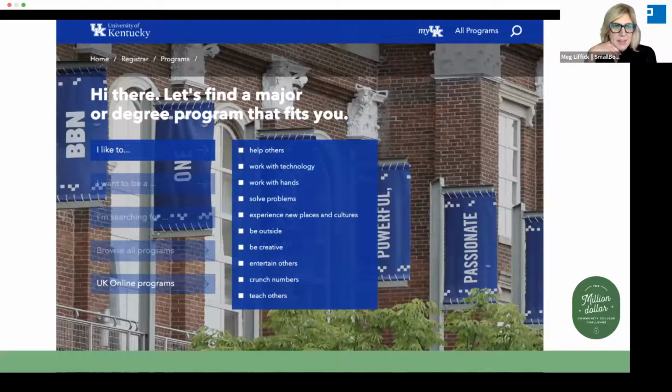What's really interesting about this one is it's not pushing majors and minors and programs on people, but it's letting them identify. That's terminology that a college would use. It's using the way that students might think about how they want to pursue study and a career one day.